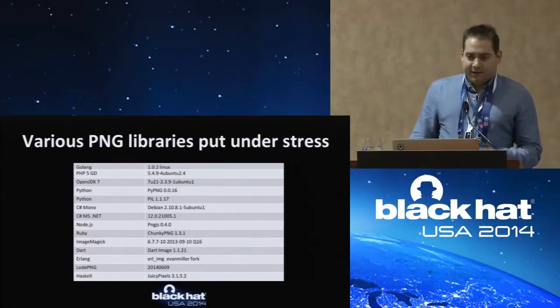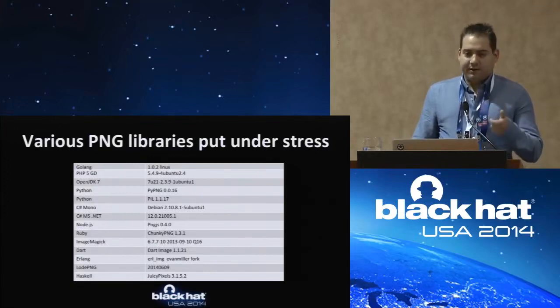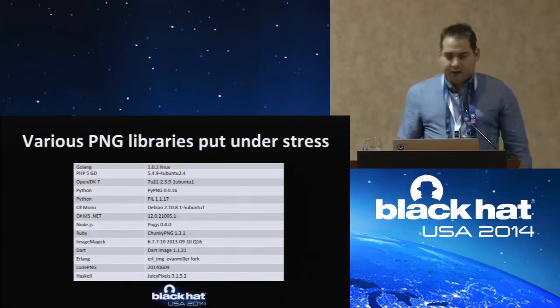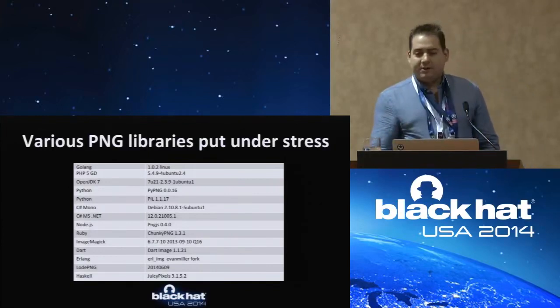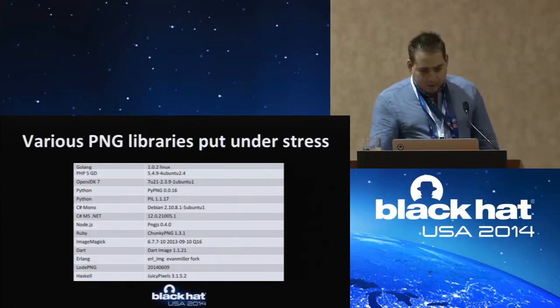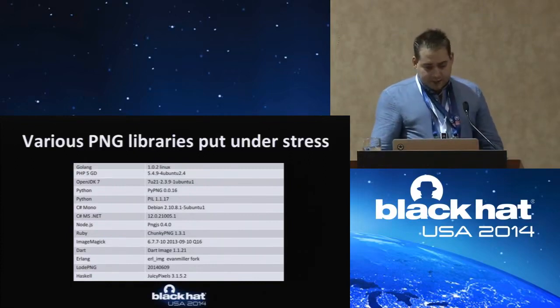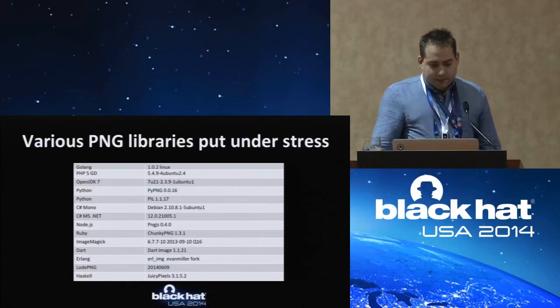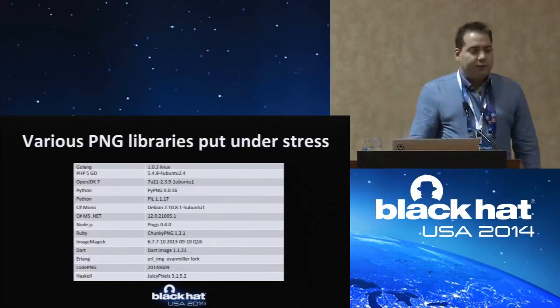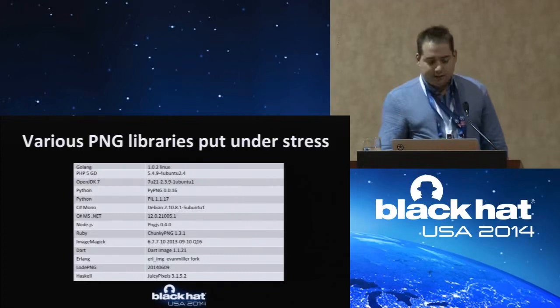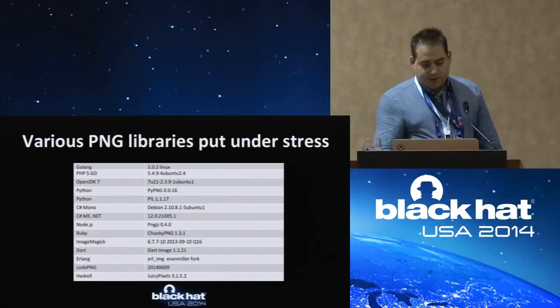And you can very easily tell which one is Mono and which one is .NET, because they don't use the same image library at all. I also tried PNG.js in Node.js, ChunkyPNG in Ruby, ImageMagick, the Dart image library, image in Erlang, LodePNG, which is in C. That's a nice C library for PNG, and JuicyPixels in Haskell.